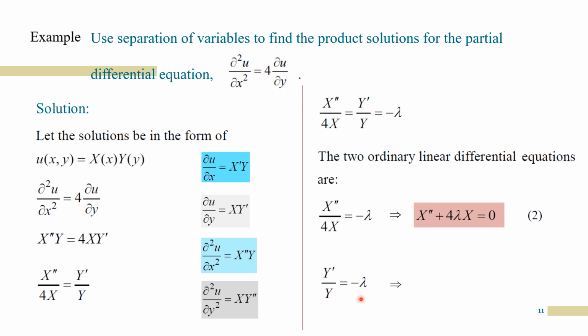Simplify this equation to get the following expression, Y' + λY = 0. Let us label this equation as equation number 3. So equations 2 and 3 are considered as ordinary linear differential equations, and they will be used in the remaining part of the solutions for this PDE.